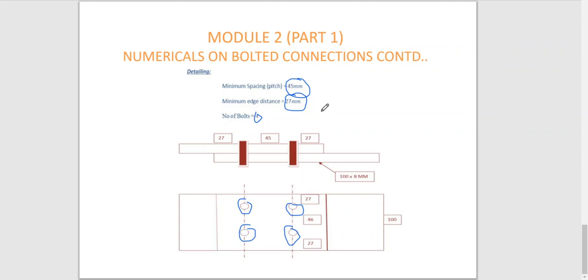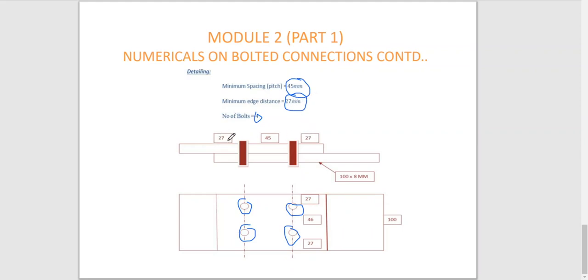From the calculations we got 27, that is the minimum edge distance. So less than this value, like 25 or 26, you cannot provide, but you can go for a higher value. You can make it 30 if you want, but we have taken the same value.